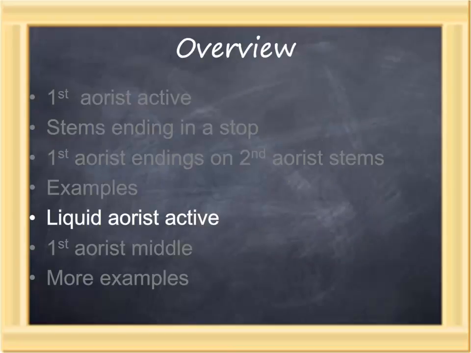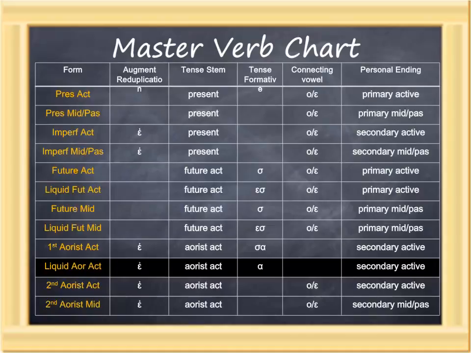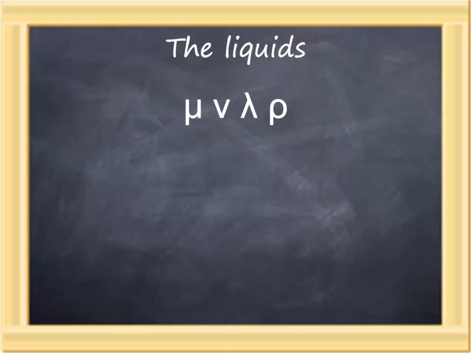The liquid aorist active. The liquid aorist active is formed like the first aorist active, except the tense formative lacks a sigma. By liquids we mean stems that end in one of the following four consonants: mu, nu, lambda, or rho.